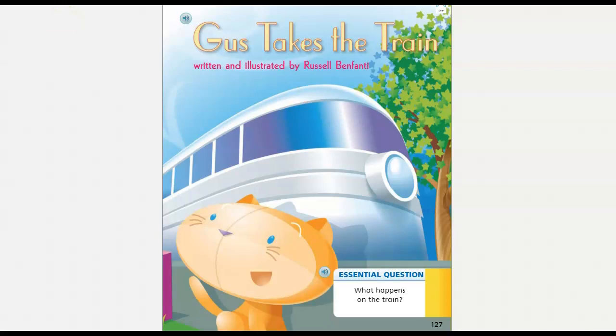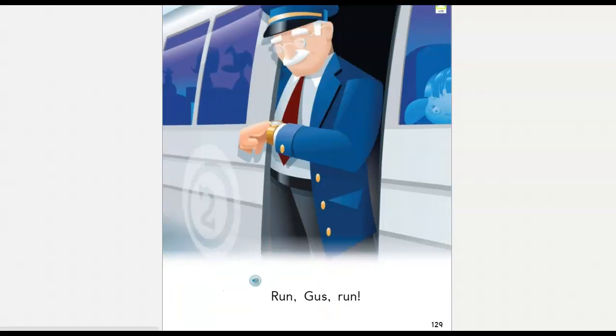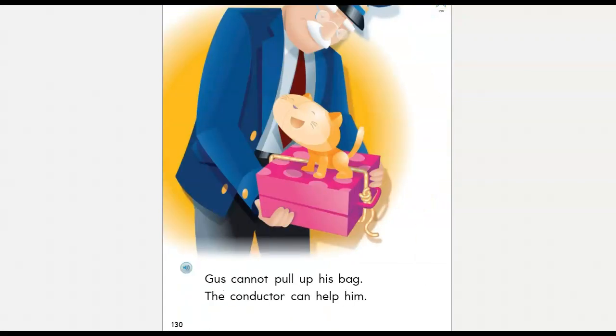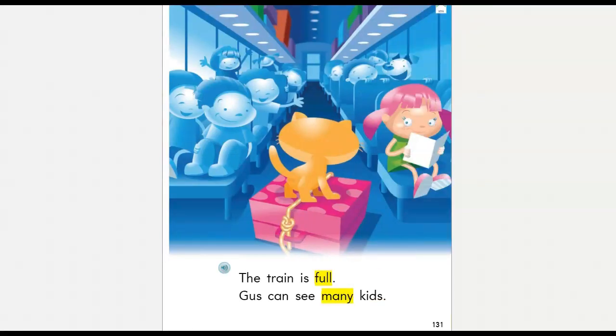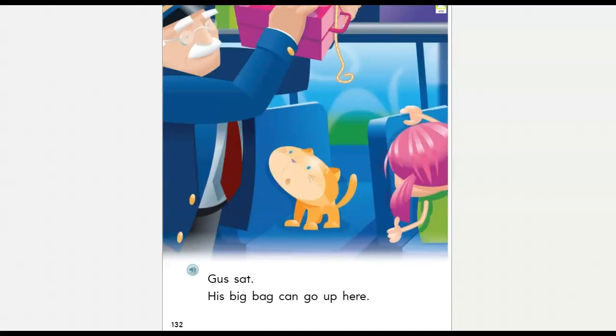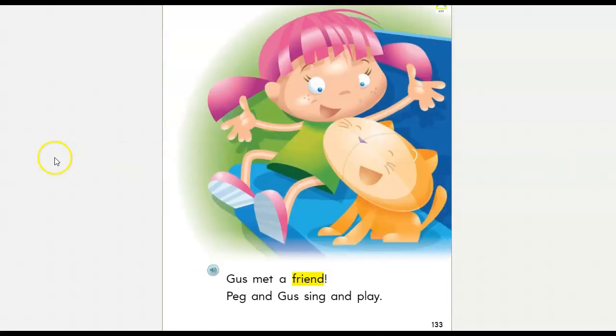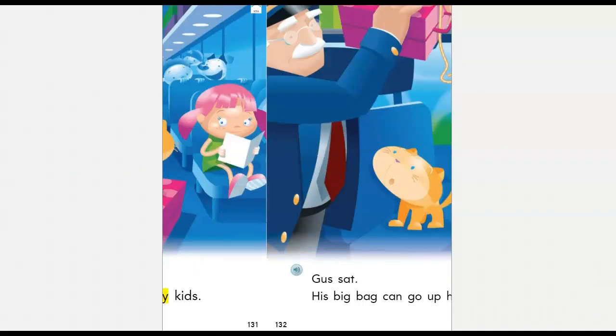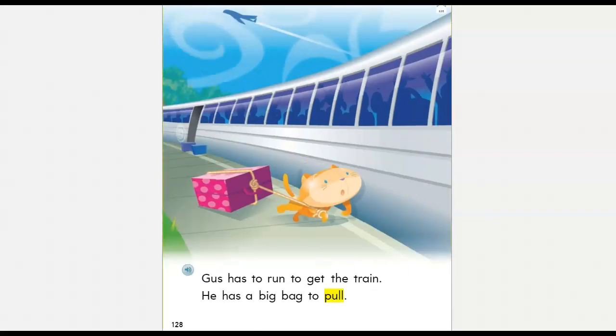Now, if I were going to describe what just happened in our story, I would say, first, Gus got on the train and found his seat. That is what I would say to describe and summarize what happened in all of these pages.